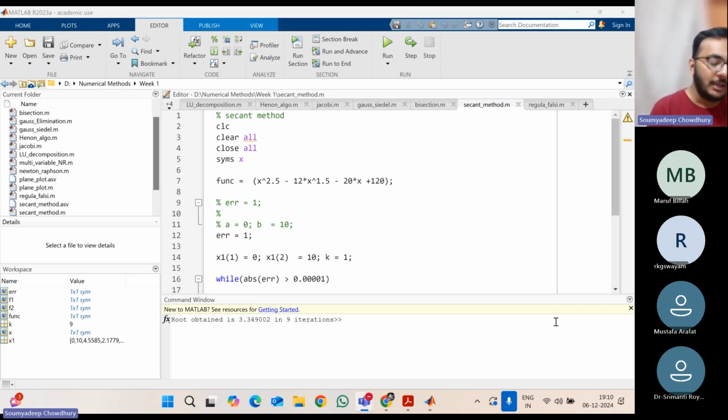And in false position, we are exploiting the property of similarity of triangles, and from that we find an intermediate point, and then based on the functional values we change the limits. So the bisection method is the slowest or the most crude method, whereas the secant and false position methods are more sophisticated methods.